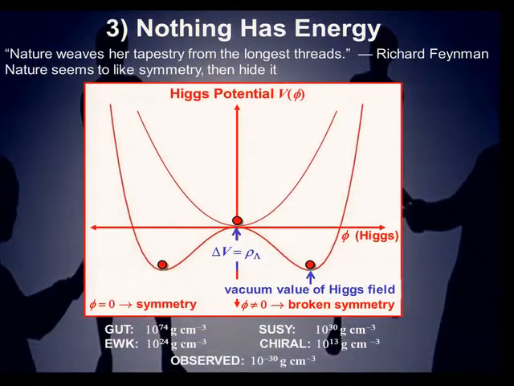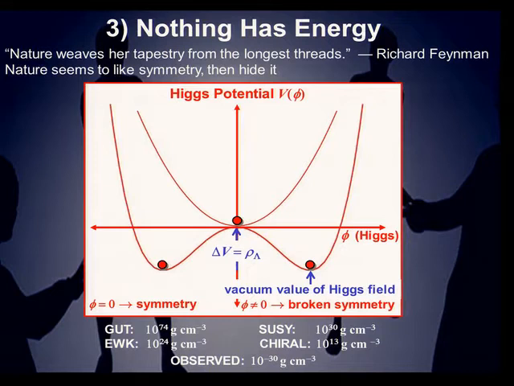Nothing has energy, also due to a contribution from the vacuum. Nature seems to like symmetry and then break it. The way we understand symmetry breaking is through spontaneous symmetry breaking. For instance, there's a condensate around us of Higgs fields in the vacuum.